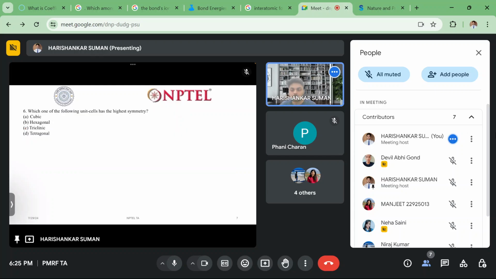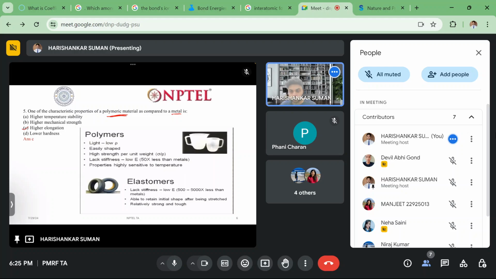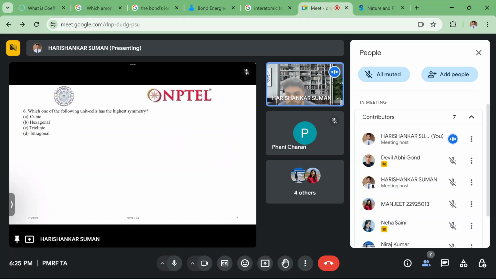Next question. Which of the following unit cells has the highest symmetry?